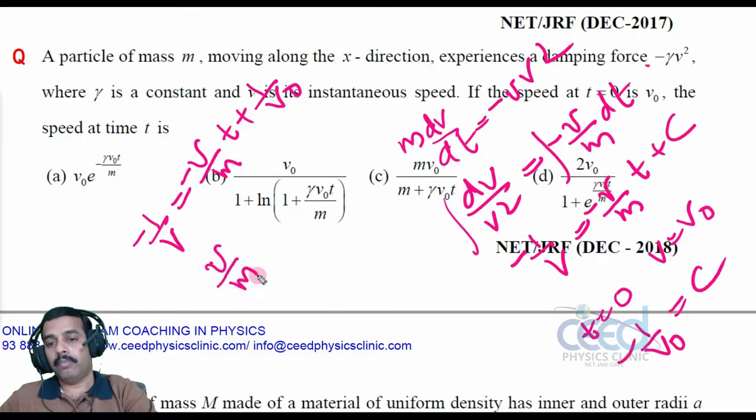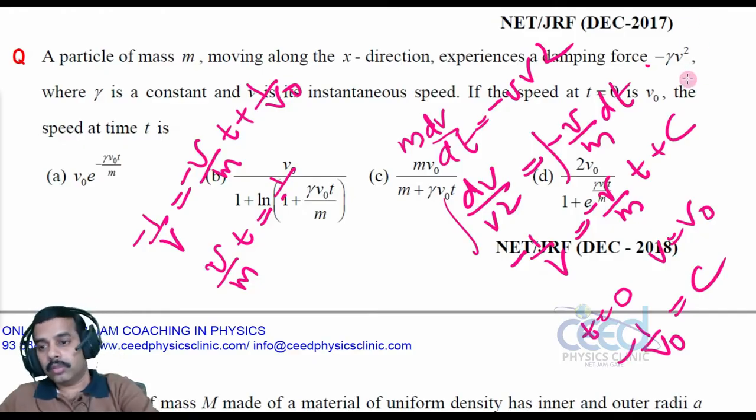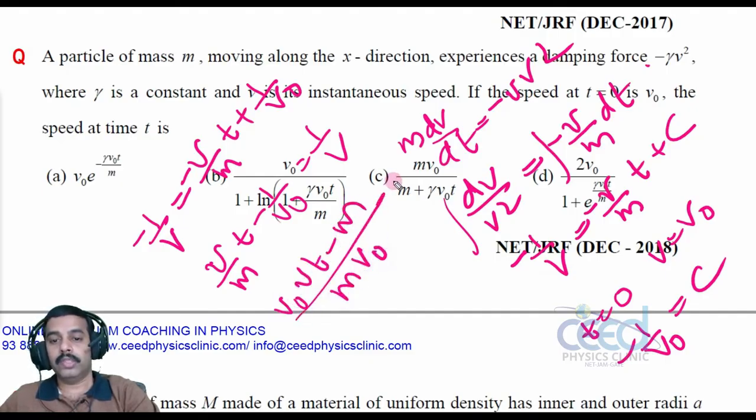So gamma by m t is equal to minus gamma by m t minus 1 by v0 is equal to 1 by v. We are asked to find v, right? So v0 gamma t minus m divided by m v0 equal to 1 by v.